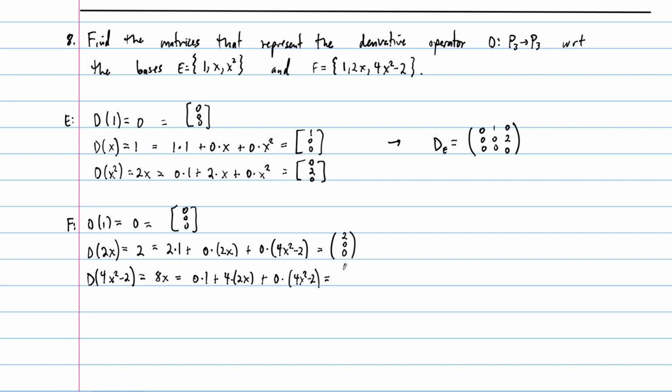And so this one in coordinates, I should have written this with the coordinate brackets, is going to be 0, 4, 0. So this tells us that the matrix representing the derivative operator with respect to this second basis is going to be 0, 0, 0, 2, 0, 0, 0, 4, 0.